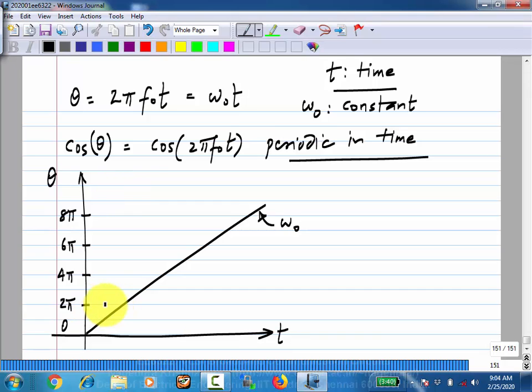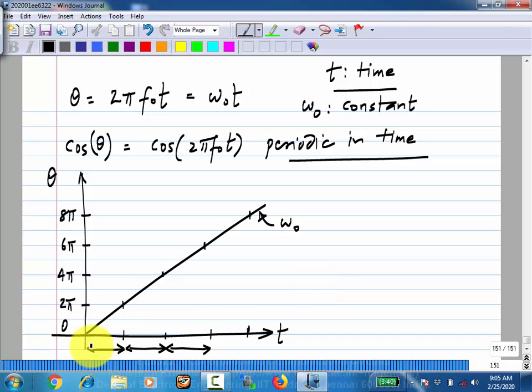So now if you look at the time instants at which it crosses 2 pi, 4 pi, 6 pi, etc., because this is a straight line, these time intervals when the function repeats the value are also equal to each other. So that's why this is periodic in time.